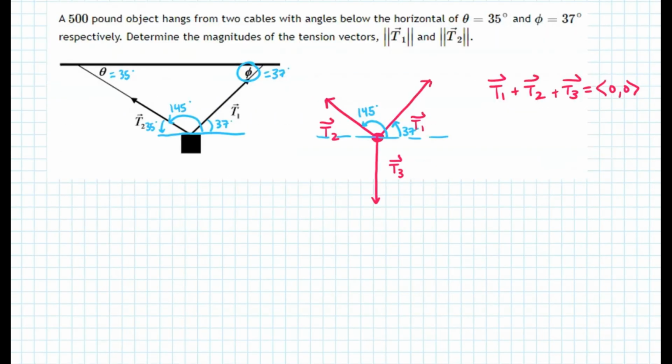So T1 I will write as the magnitude of T1 times cosine of the angle that's associated with T1, which is 37 degrees. And then the other component is going to be the magnitude of T1 times sine of 37 degrees.